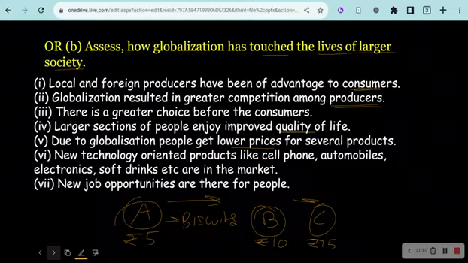People will say, A has a good quality, but it's even cheap, so we can go for A. Isn't it? Lower prices. And new technology oriented products like cell phones, automobiles, electronics, soft drinks, etc. are in the market as well. New job opportunities are there for the people, they can go and work, isn't it? So that is why globalization has helped a lot.